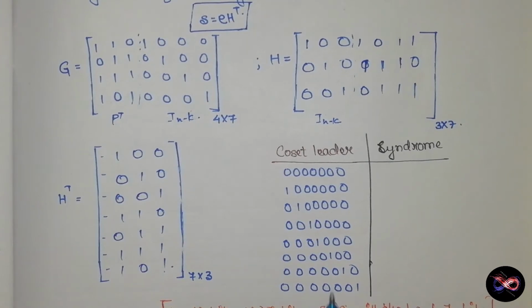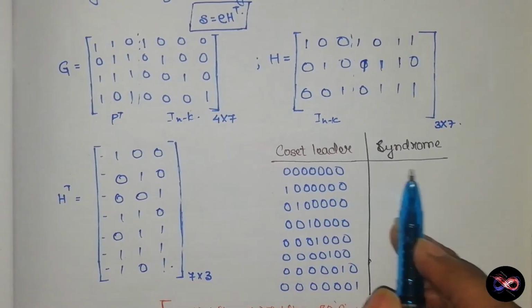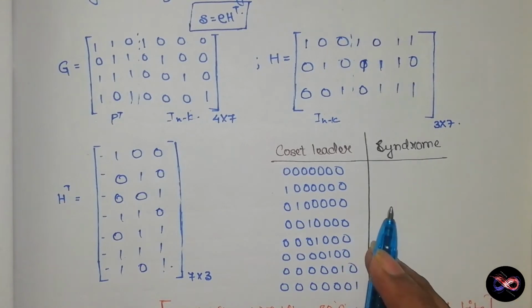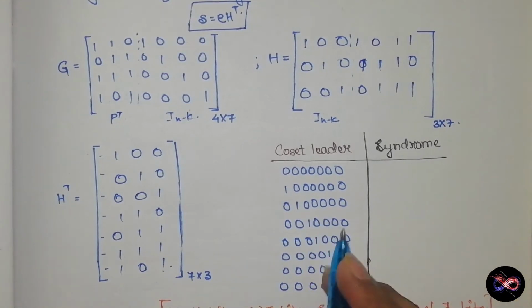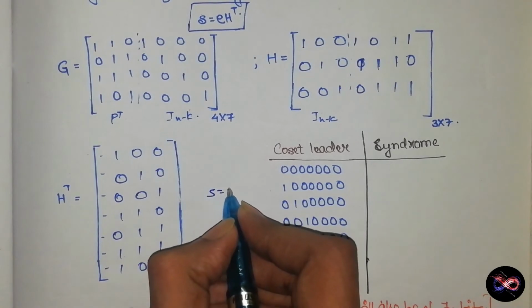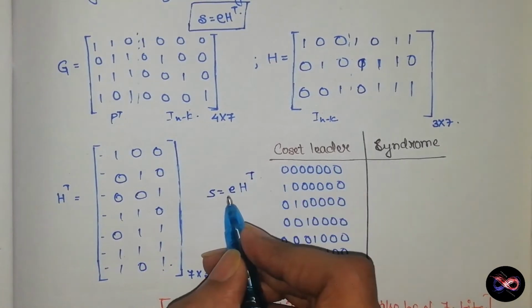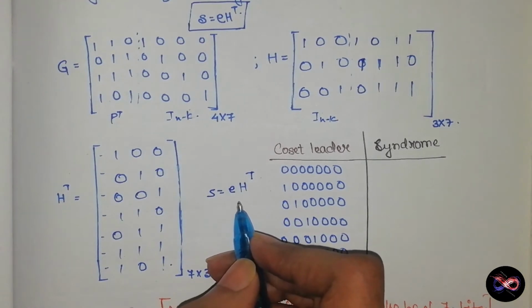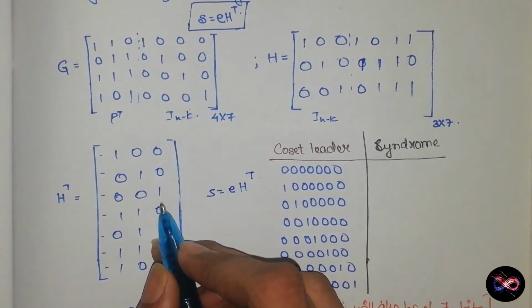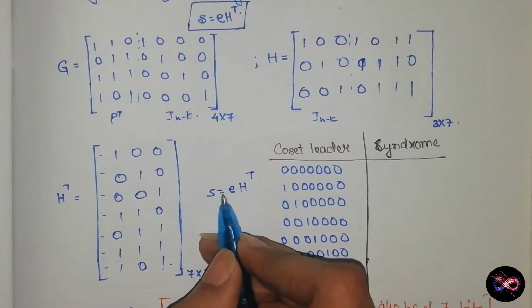Now we will make a table of the coset leader and syndrome, and we'll calculate the syndrome for each coset leader using the equation S = E H transpose. As we treat the coset leader as the error, and we have also calculated H transpose, we can easily find the syndrome.